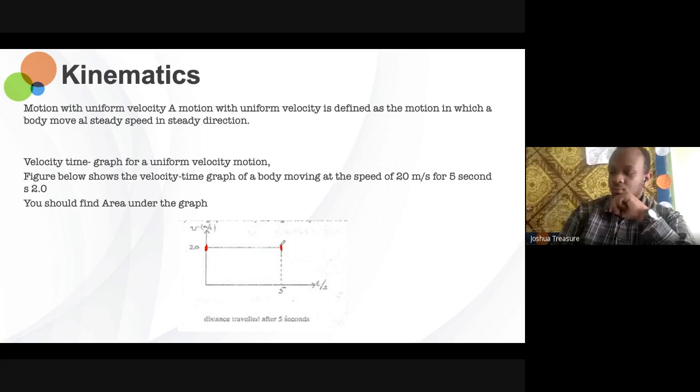Zero, based on the graph. I heard someone answer. No one. Are you seeing the screen here?